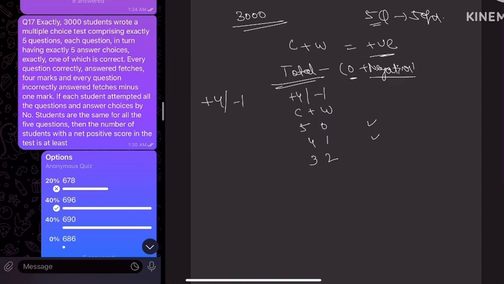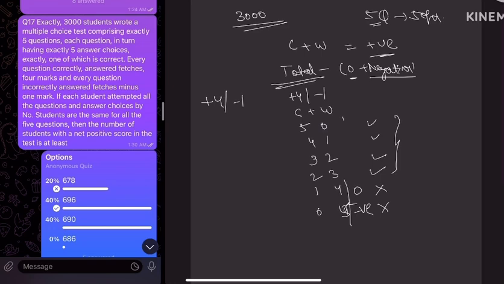And we know that they attempted all the questions. So 3 correct: 12 minus 2. If we take 2 correct, 8 minus 3, that is 5. If we take 1 correct, so 4 wrong, this will be 0. This is not our case because we want students with positive scores. So these are the positive scores. Now if 0 correct and 5 wrong, it will be negative marks.